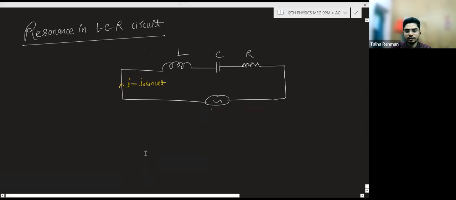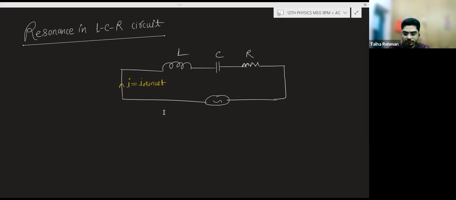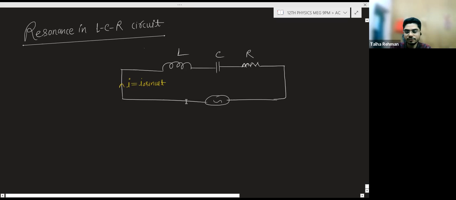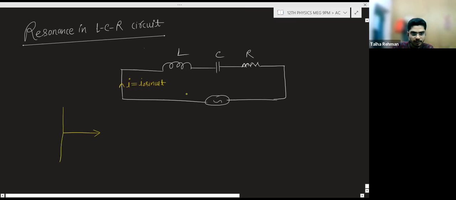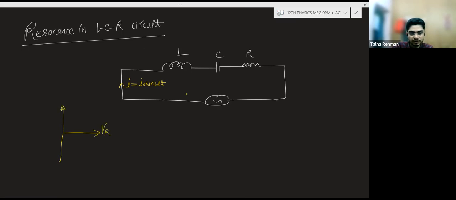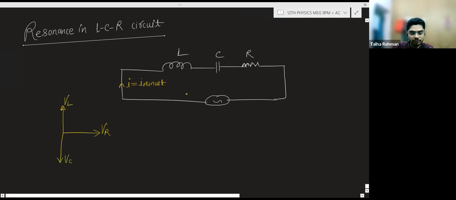Okay, so this is a series LCR circuit. What happens at resonance? First, we will draw the phasor diagram. In the phasor diagram, this is the voltage across the resistance, here the voltage across the inductor, here the voltage across the capacitor.